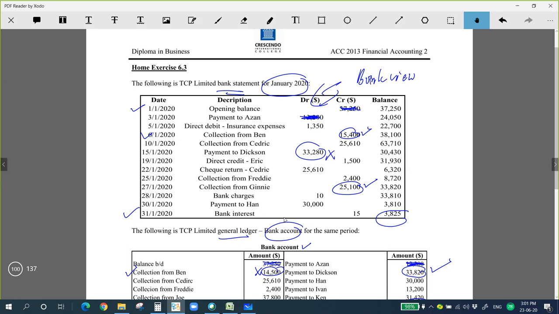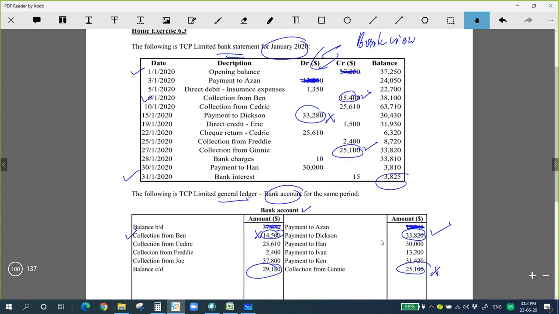Next, direct debit insurance expenses. So what is direct debit? It means that you have authorized the bank to deduct the amount automatically from your bank account. So this shows that you have made a payment of 1350 in your bank statement. However, in the company ledger, do you have this amount?